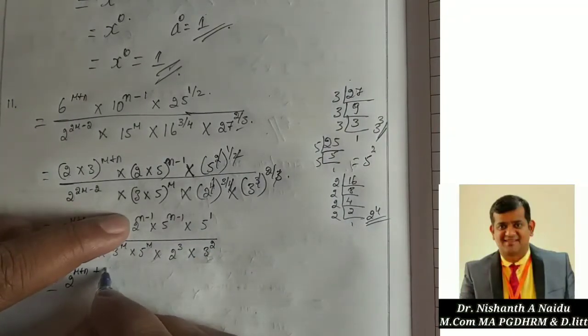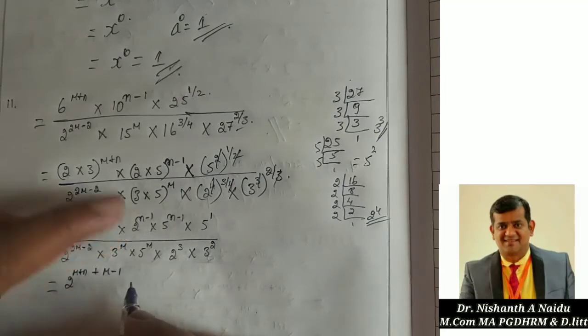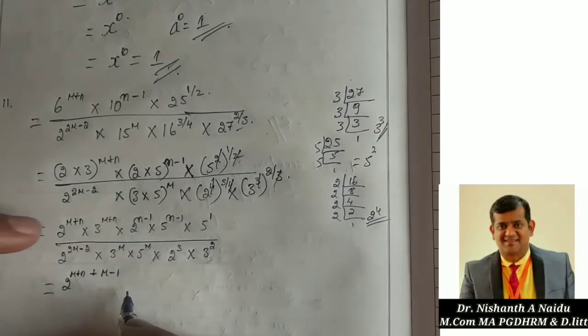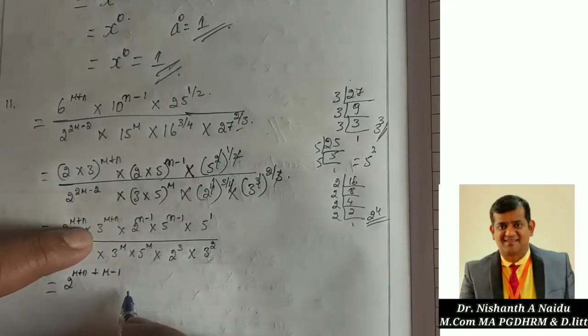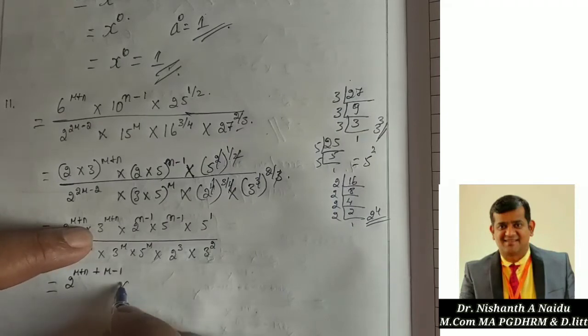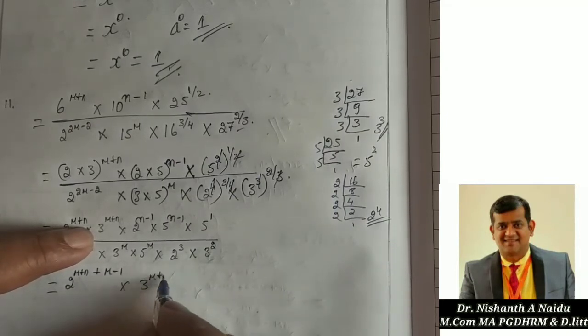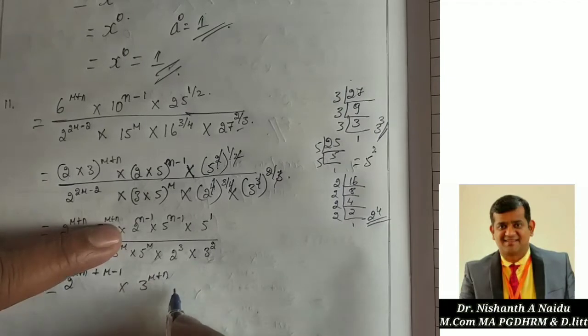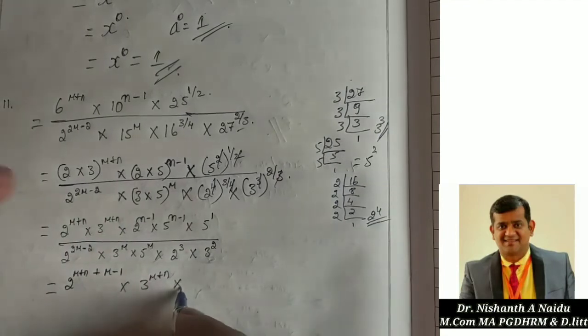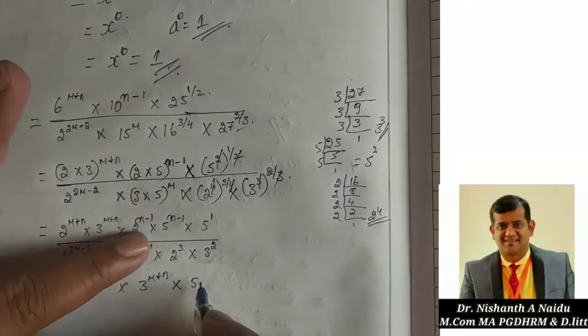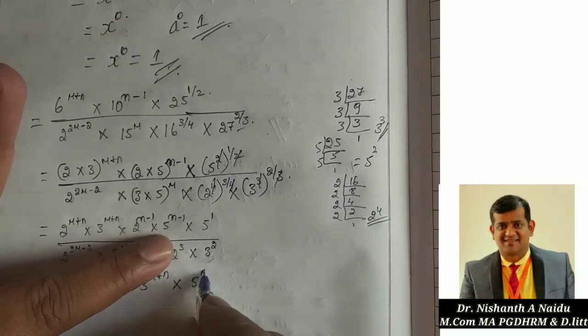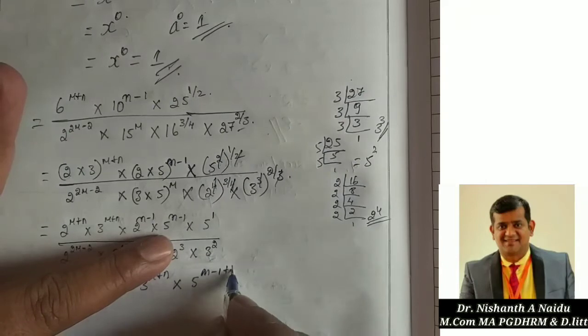So plus m minus 1, that's all I have for 2. Next I have for 3, so let me do it for 3 now: 3 to the power m plus n. That's all for 3, into 5 to the power n, m minus 1 plus 1.